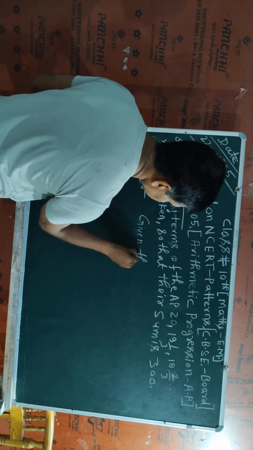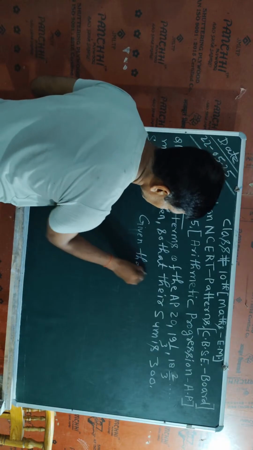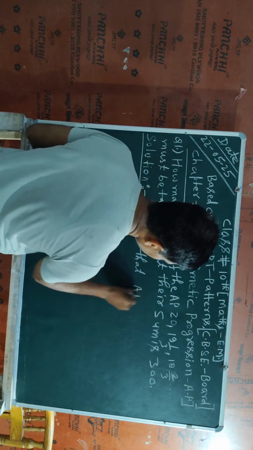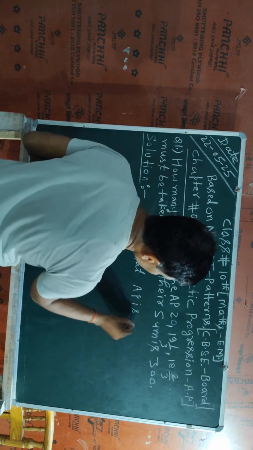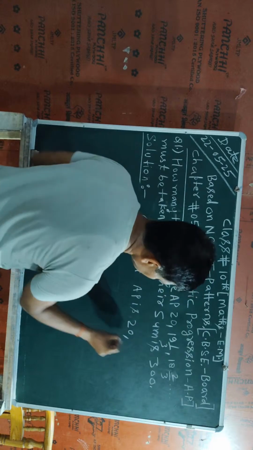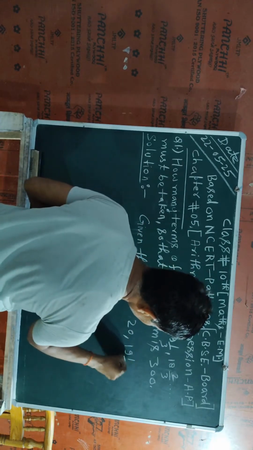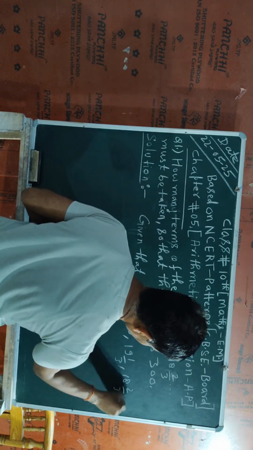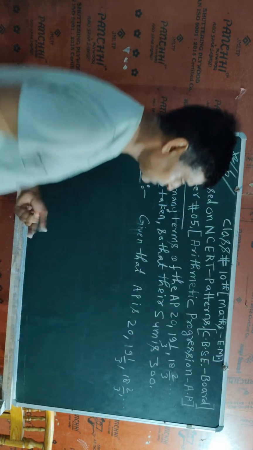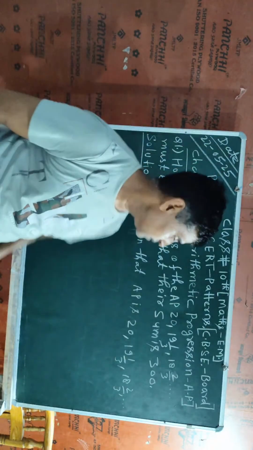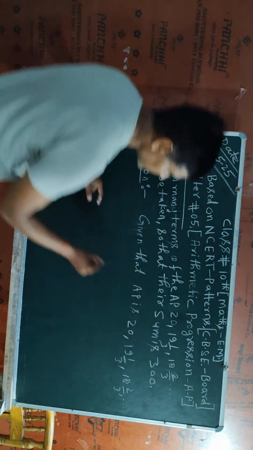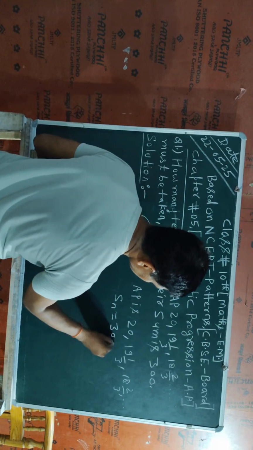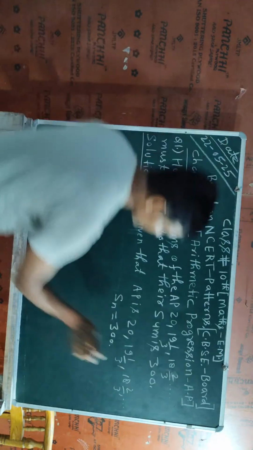Given that, the arithmetic progression AP is 20, 19 1/3, 18 2/3, and so on. We have to get the number of terms of the arithmetic progression, where the sum S(n) is given as 300. This is the information given in the question.